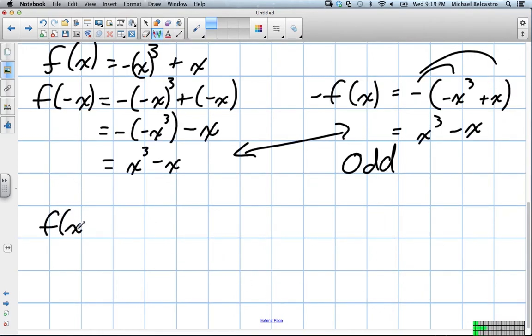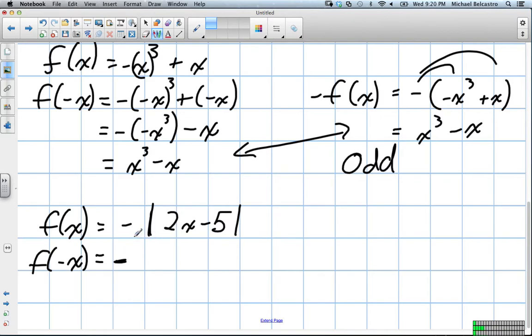The next function they gave you is the negative of the absolute value of 2x minus 5. Same idea. We're going to replace the x with a negative. The absolute value of this function is already being multiplied by a negative term.